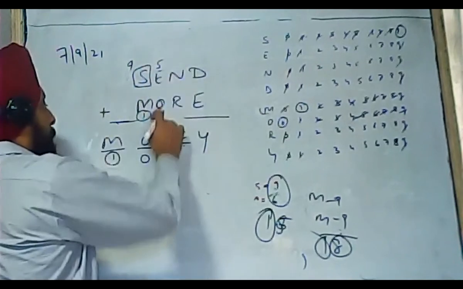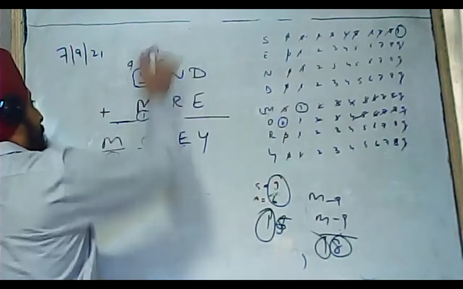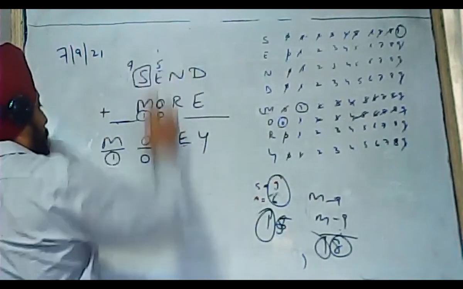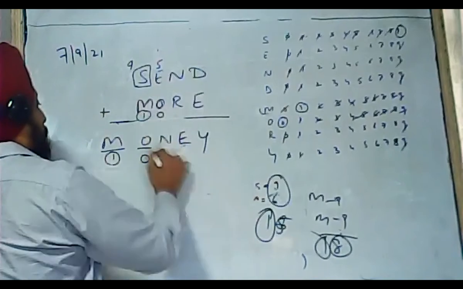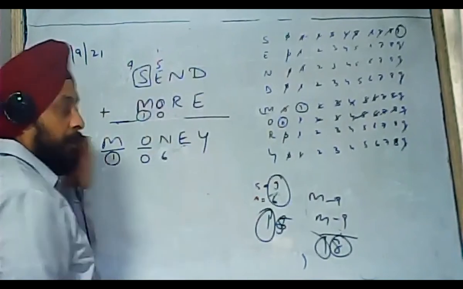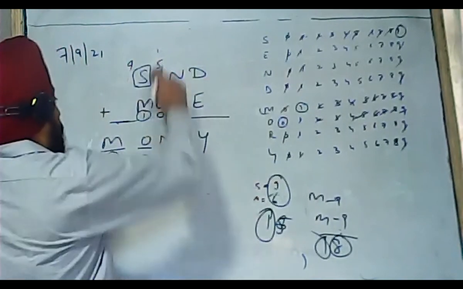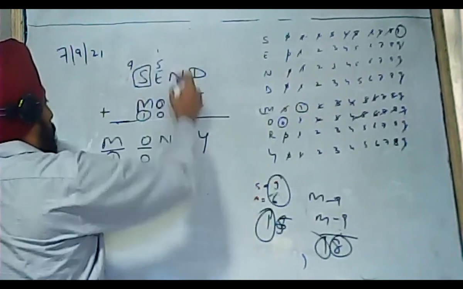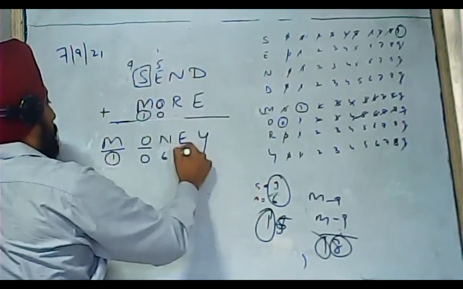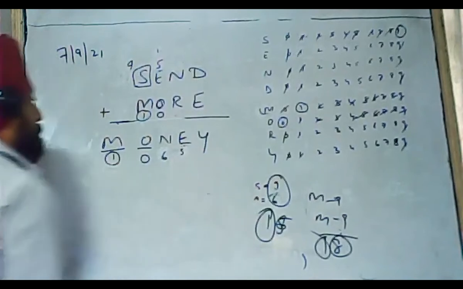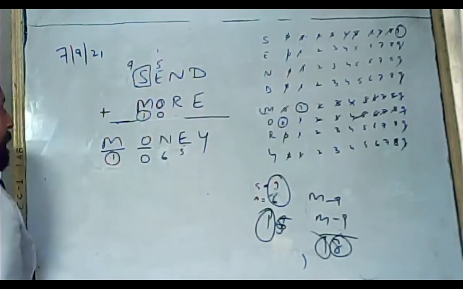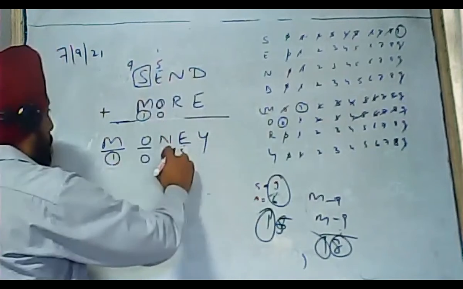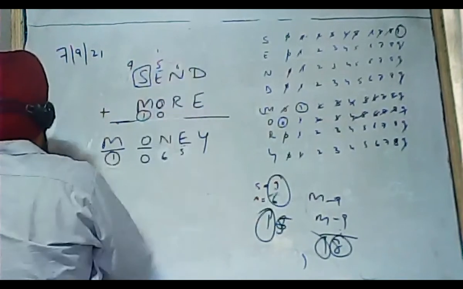5 plus 0 is 5. But suppose some carry is there when you add N and R, so here it can be 6. So you give it 5 here, then this will be 5.